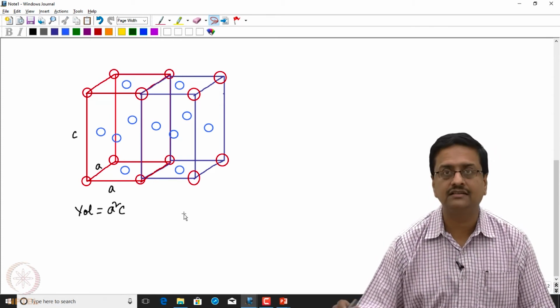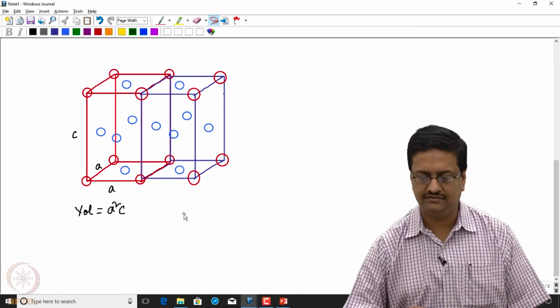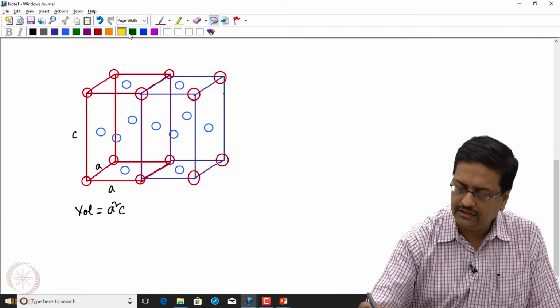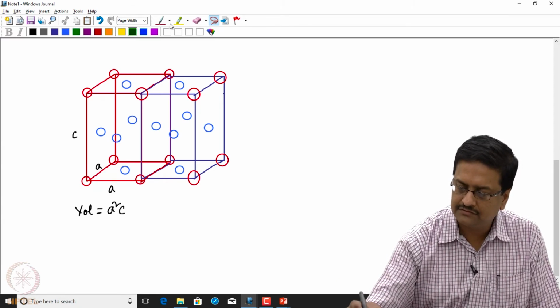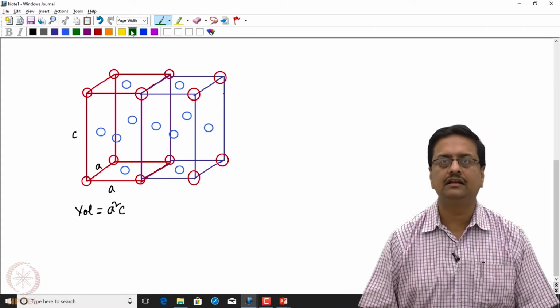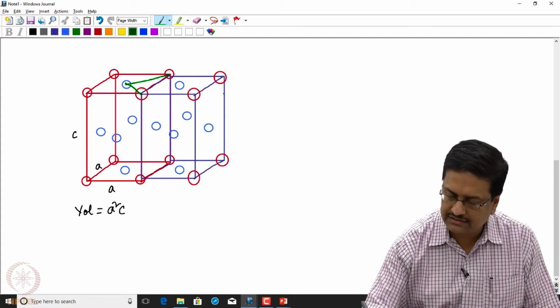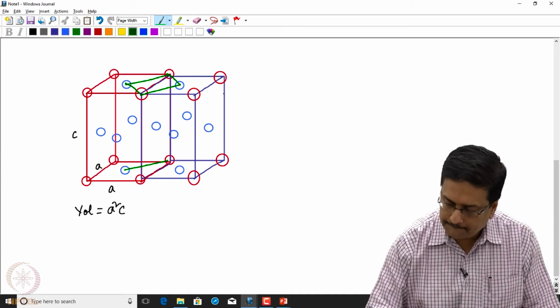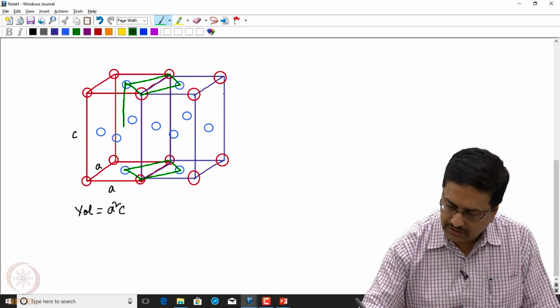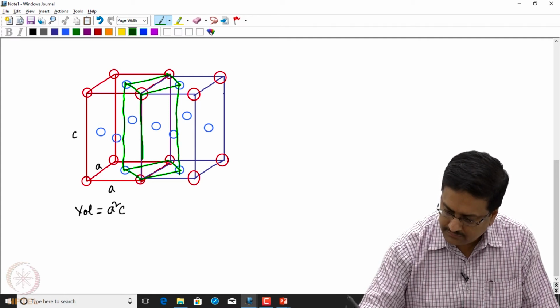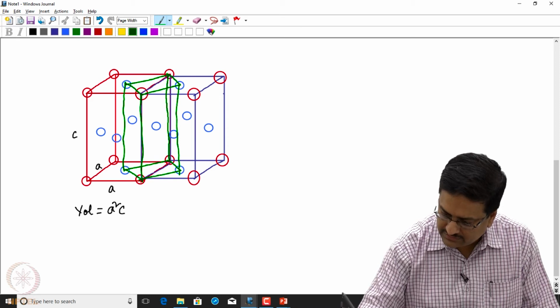So, now we have two adjacent face centered tetragonal lattices. Now, see what I am going to do. I am going to draw a different lattice using green color by joining the face atoms to the corner atoms, and the green line indicates a new lattice.